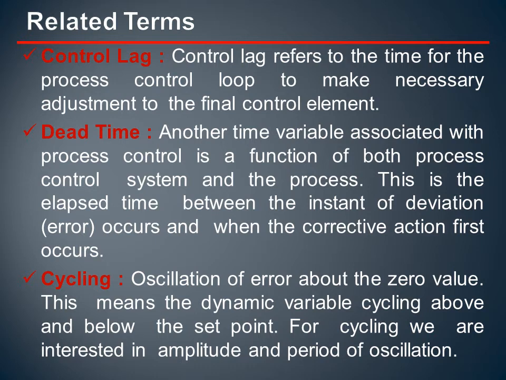Next is cycling. Oscillation of error about the zero value is called cycling. This means the dynamic variable cycling above and below the set point. For cycling, we are interested in the amplitude and period of oscillation. So cycling is nothing but the oscillations.